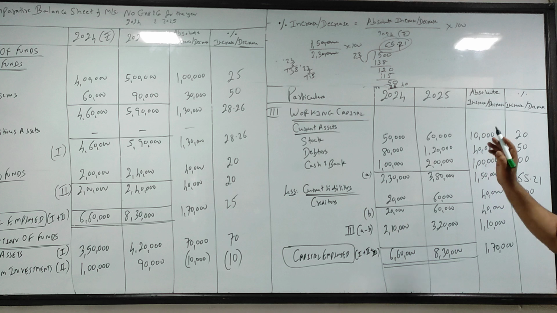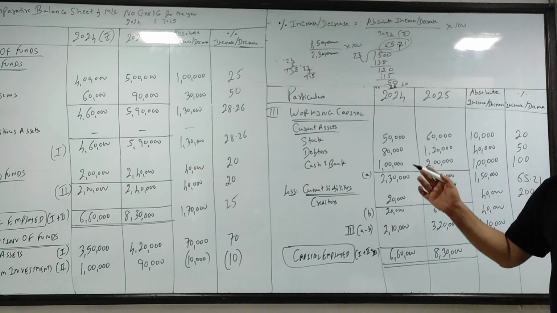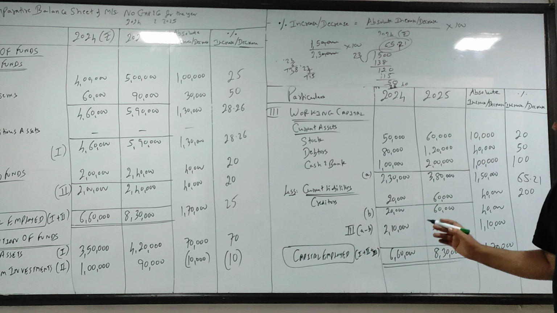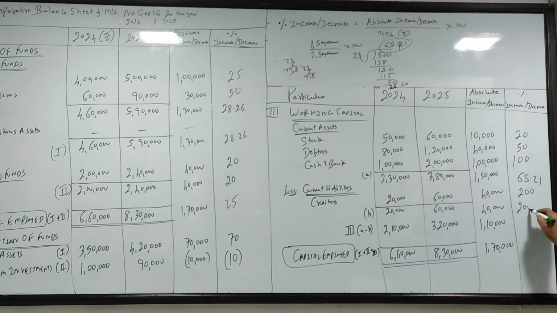You can check, 40,000 divided by 20,000 into 100, cross-check your calculation, you will get 200, same thing 200.